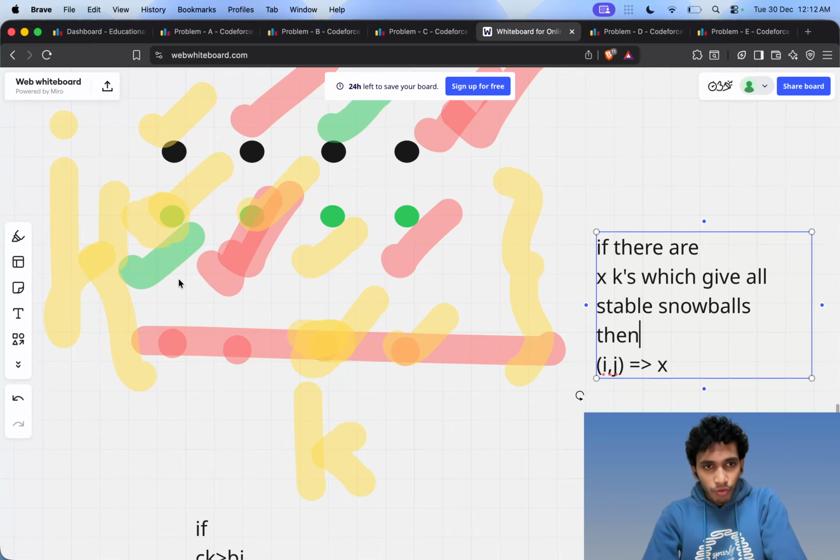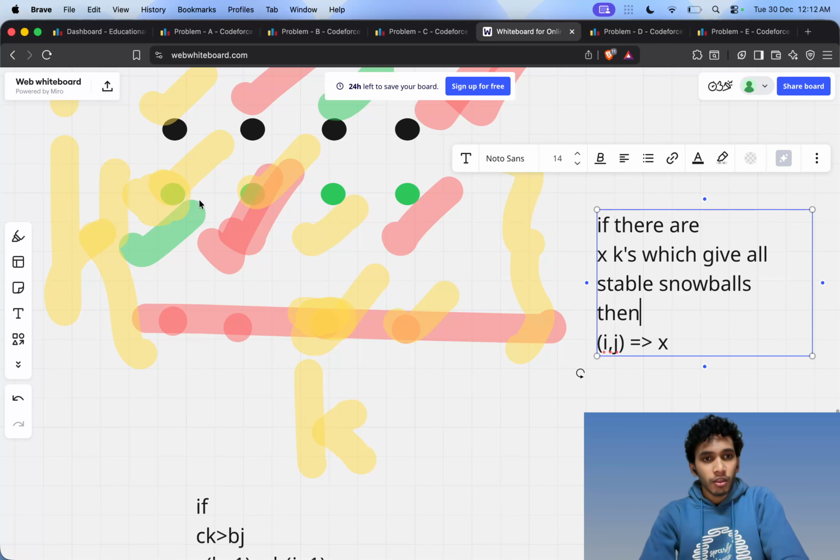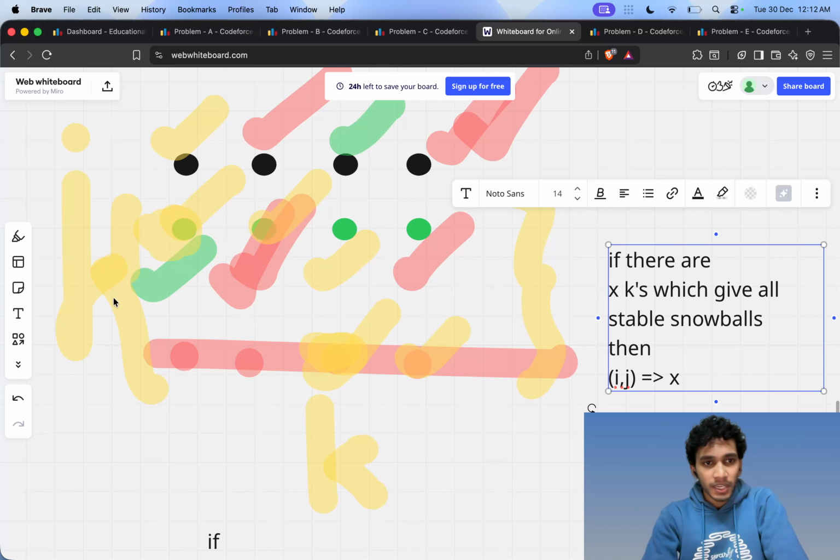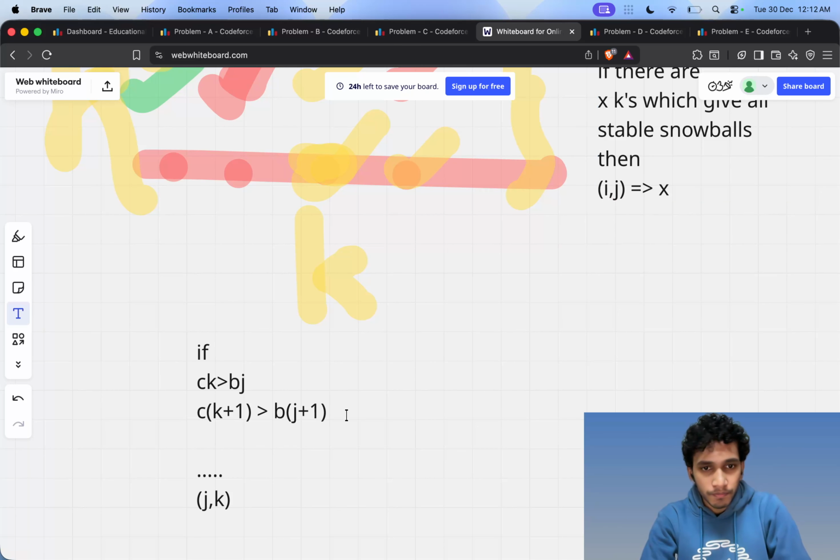So what will our final answer be? For this j, how many stable indices are there in the c array? What do I mean?